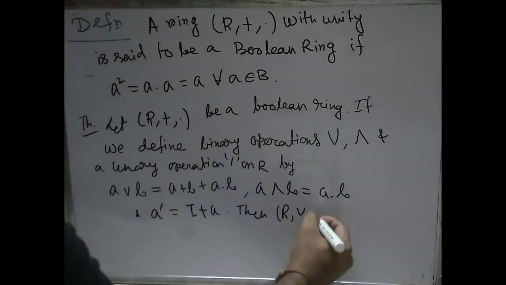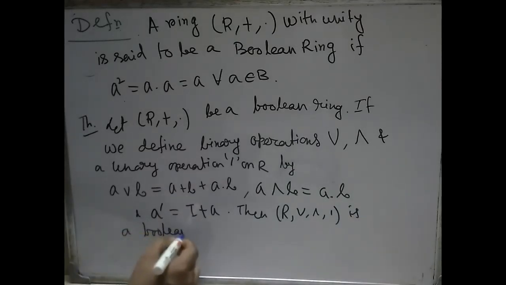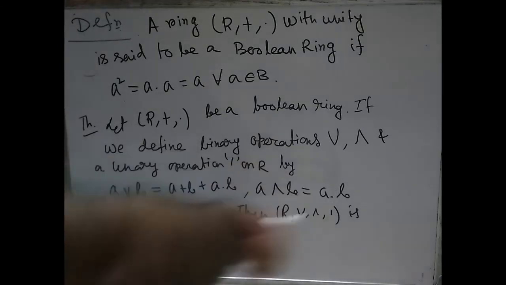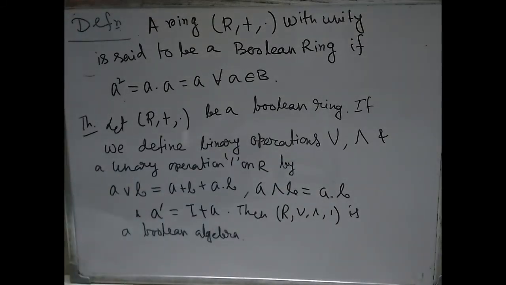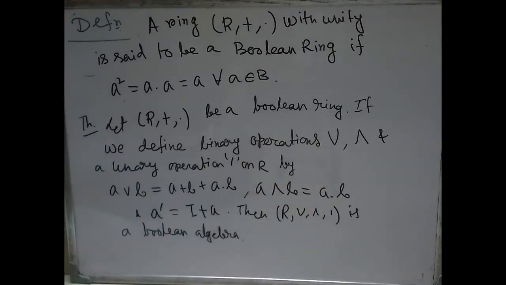Okay, so this is a Boolean algebra. Okay, so anytime if we are given a Boolean ring, then if we define the new operations with the help of the old operations as above, then all the time we will get a Boolean algebra over R with respect to the newly defined operations.